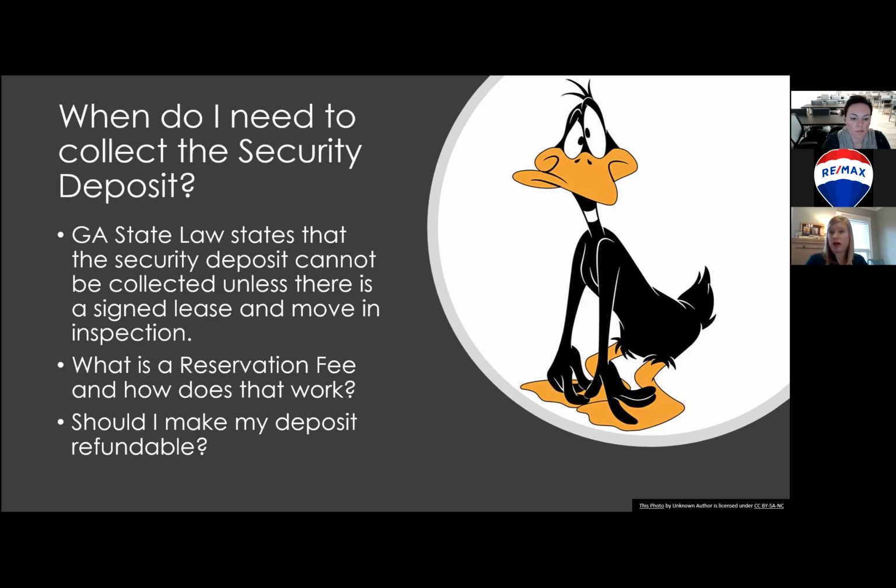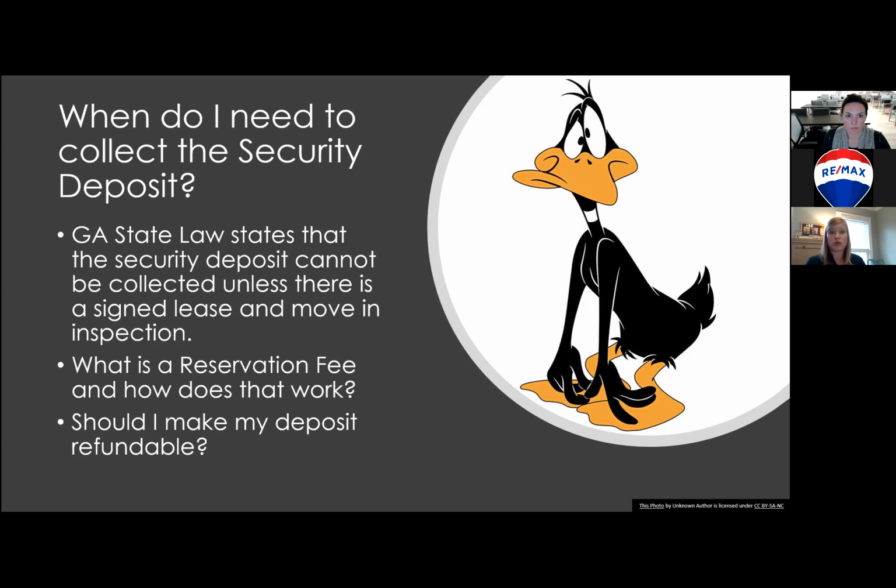And should you make your deposit refundable? We make our security deposits fully refundable at the end of the lease. It's more of an incentive to take care of the property and make sure that it's clean and damage free and all items are removed out of the property.